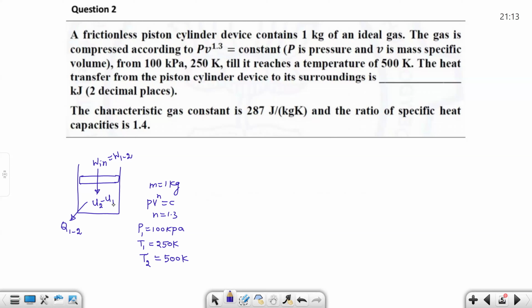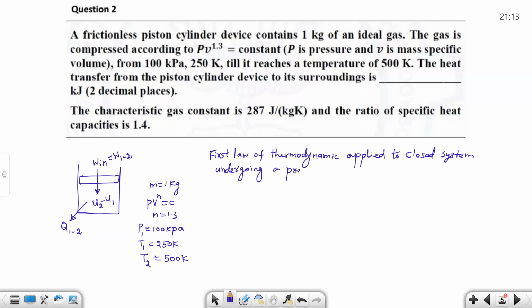So now we write the first law of thermodynamics applied to a closed system undergoing a process 1 to 2.